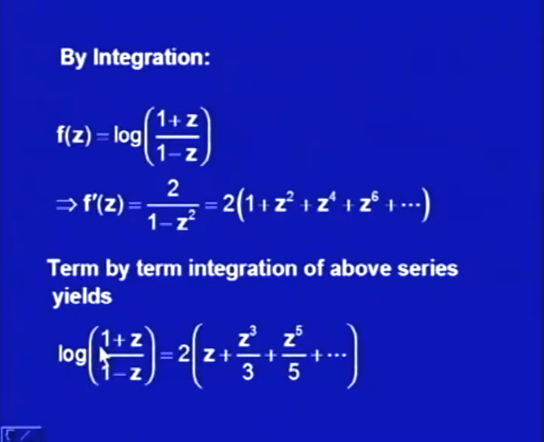Now, we have obtained the power series representation for this function, but in my earlier example I obtained the Taylor series for this function using the usual formulae given by the Taylor series theorem, and one can notice that both are equivalent.